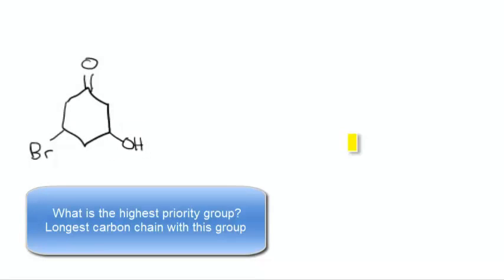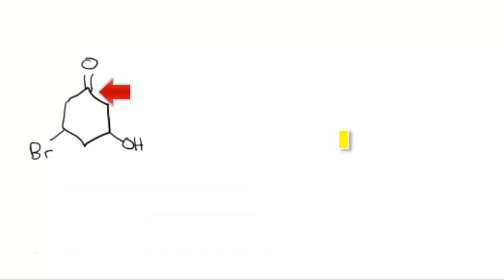The highest priority group, according to our priority listings, is the carbonyl carbon, which is higher in priority than our hydroxyl OH or the bromine. So we'll make sure to just include the carbonyl in our longest continuous chain, which is actually the 6 carbon cyclohexane ring.